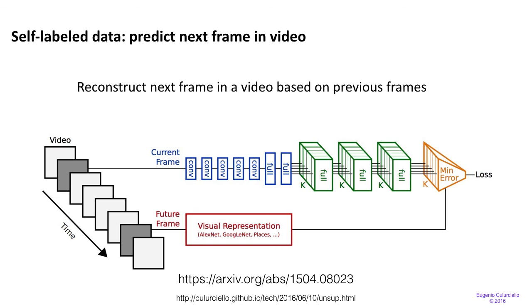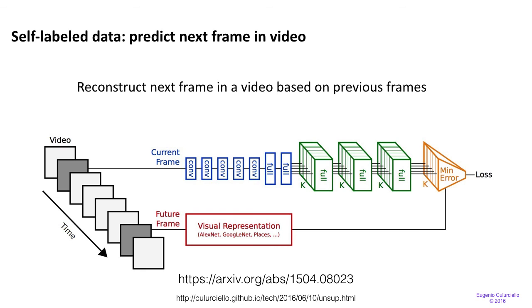But in a paper from MIT, for example, what they do is they create a neural network with 5 convolutional stages and fully connected layers, similar, I think, to an AlexNet. They feed the current frame to this network, and then they feed the future frame to a pre-trained neural network like GoogleNet or AlexNet.